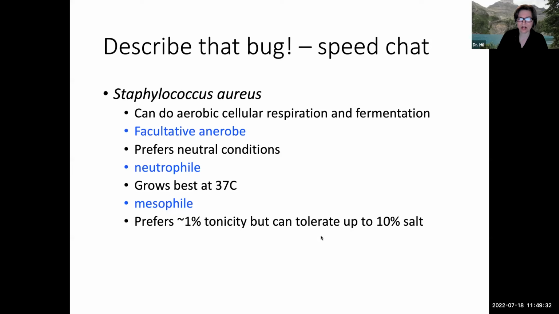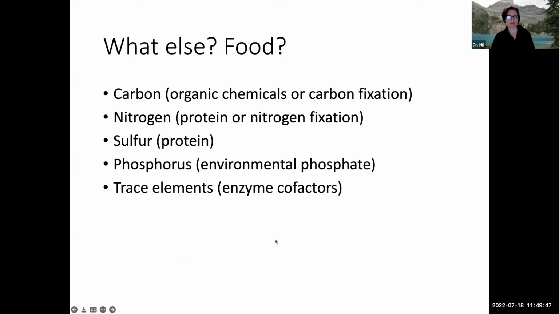It is halotolerant. And last but not least, knowing that it can cause human disease makes it a pathogen. So we can see all these different categories can now be used to describe a real thing. When we come back from our break at the top of the hour at noon, we're going to talk about food, other conditions, and move on to other parts of this topic. But for now, go take a well-deserved break.